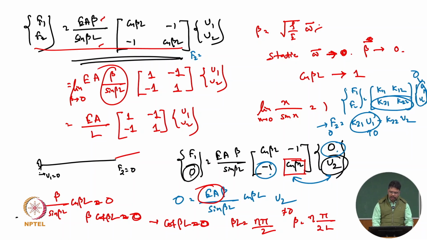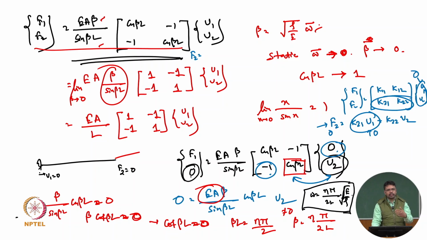Now think about what omega bar will be. If you substitute all those things here, you will have omega equal to n pi divided by 2L into root over E by rho. You got that? So this will be my omega.